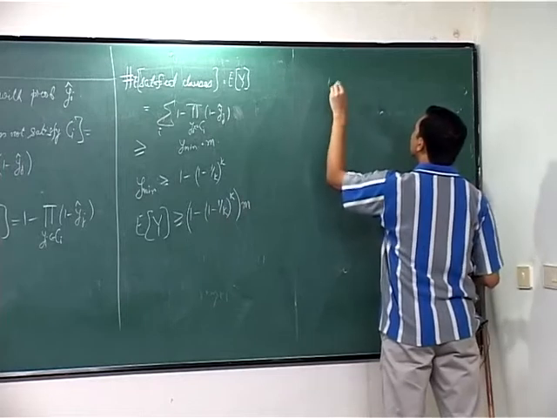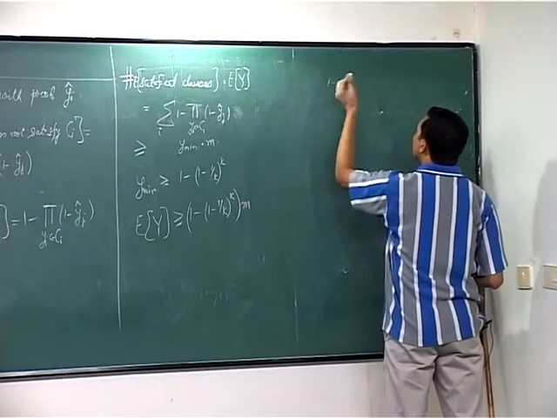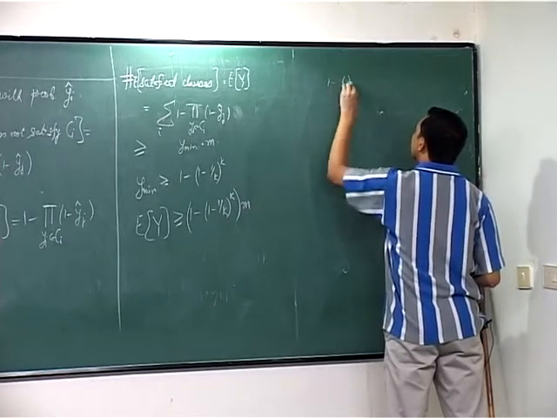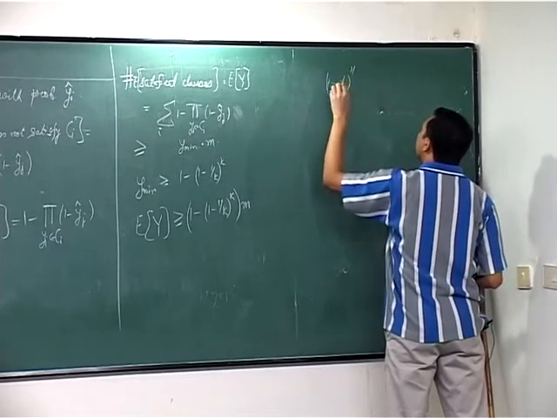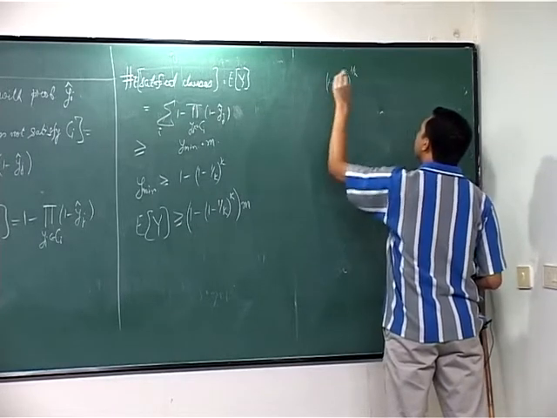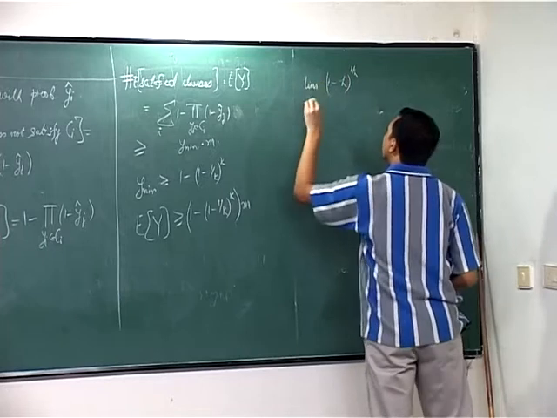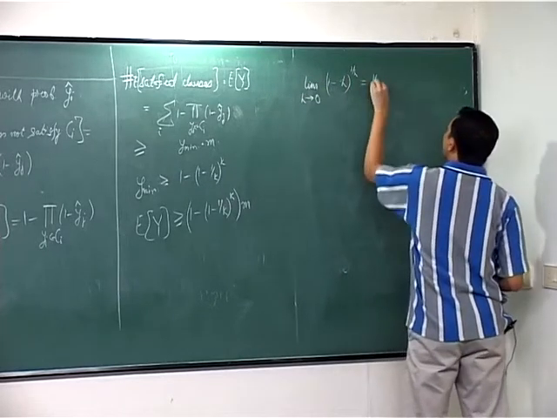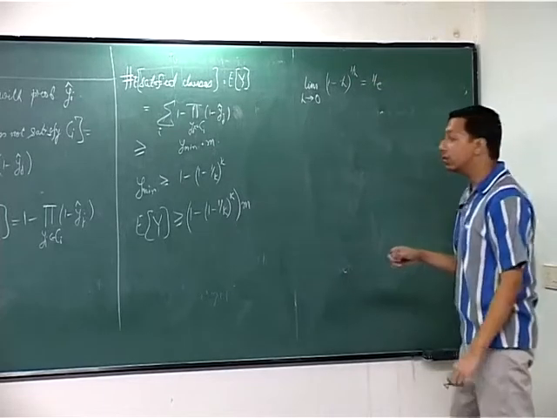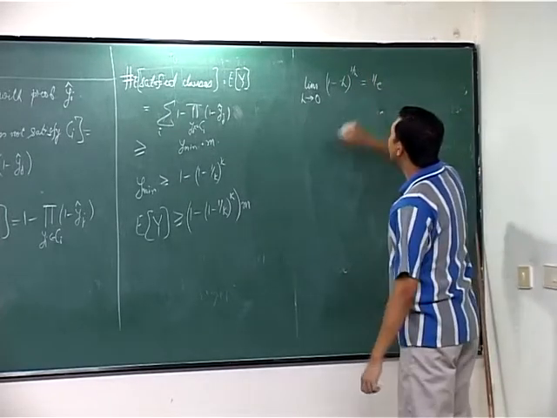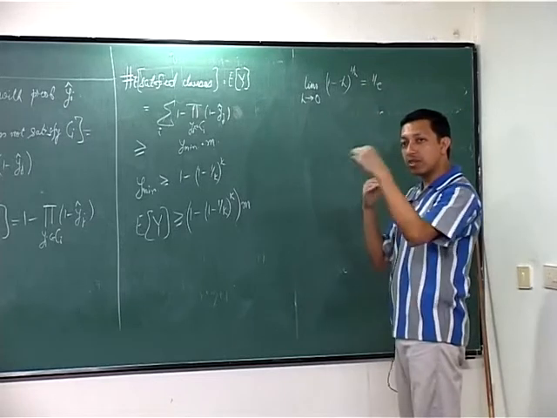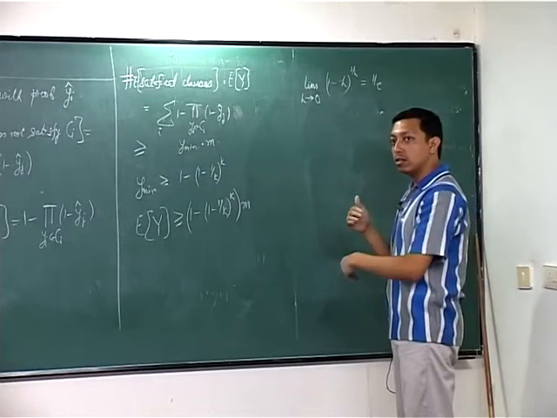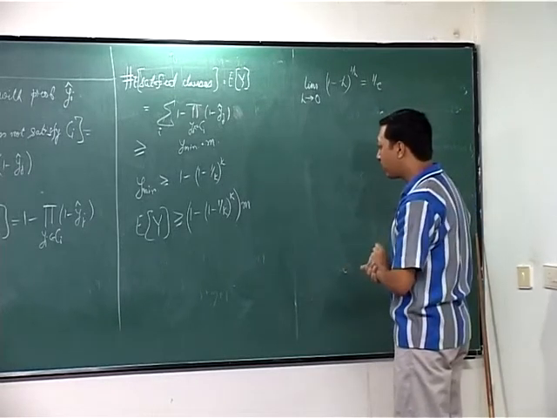Because I'm sure you know this, you take the limit of (1 minus 1 by k) to the k, you know this is 1 by e, right? And this approaches the limit from above, as in it's always greater than 1 by e and it slowly goes to 1 by e.